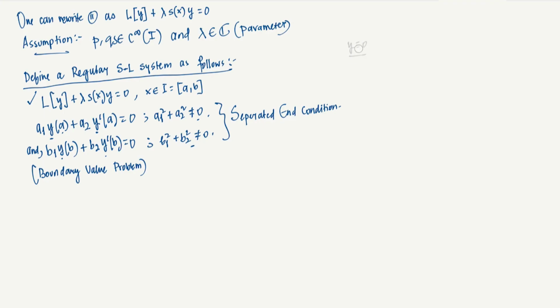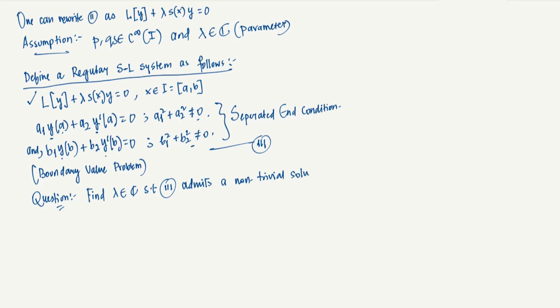So the question is this: find lambda in C such that, let's call this problem 1.3, such that 1.3 admits a non-trivial solution. So what does that mean?